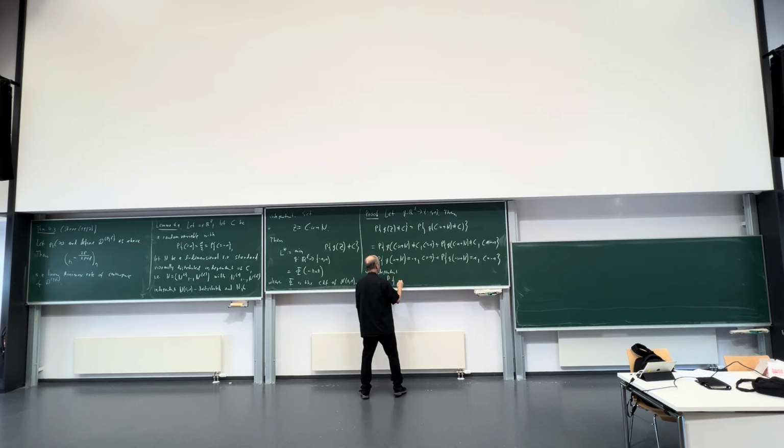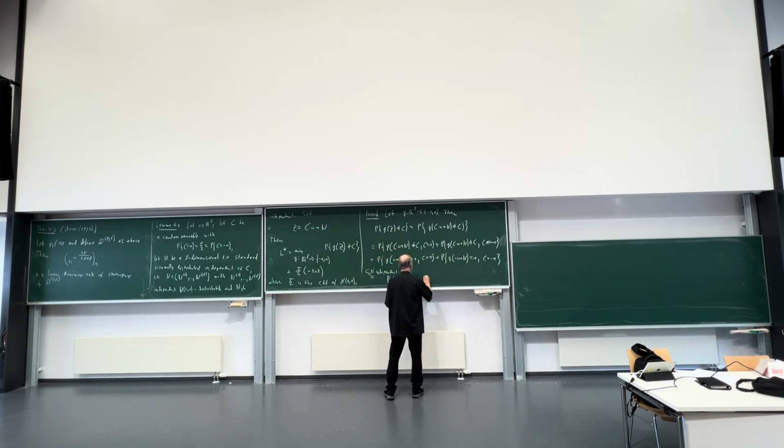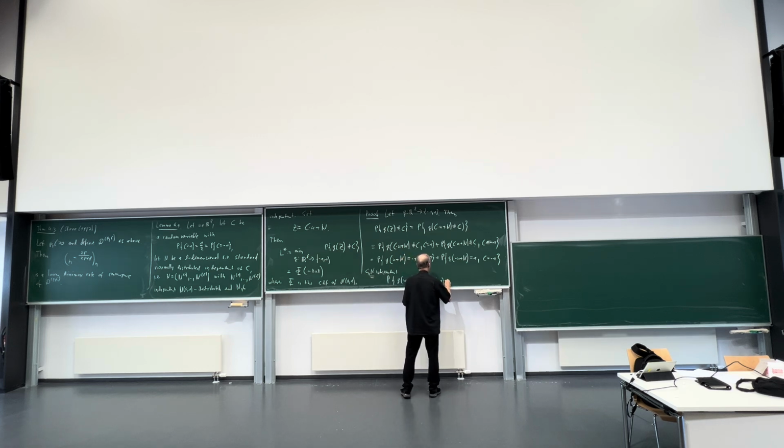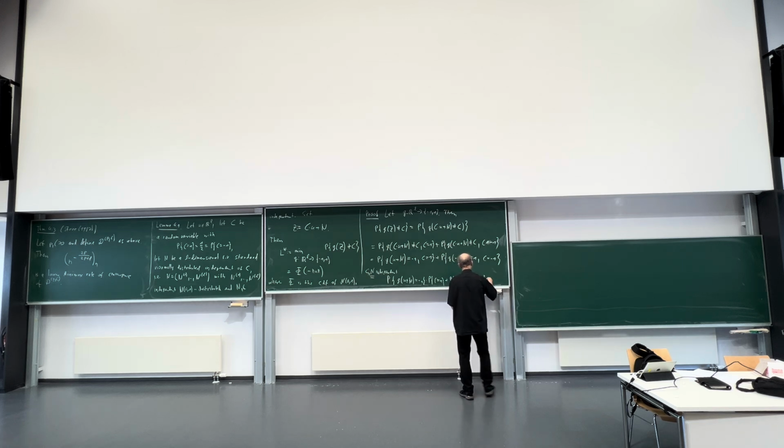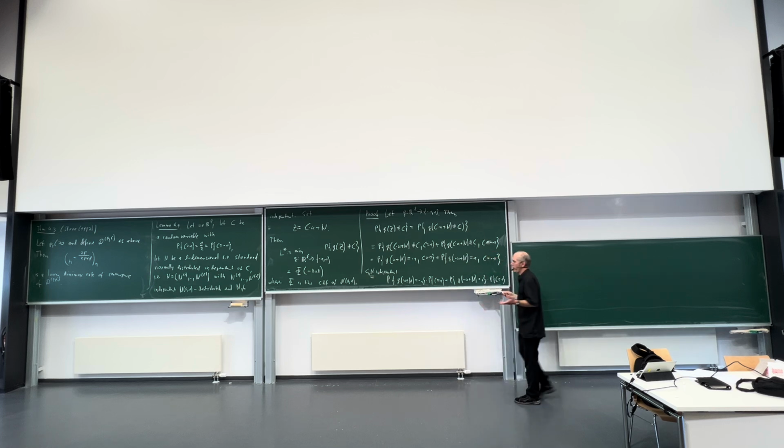So it's the probability that g of U plus N is equal to minus 1 times the probability that C equals 1, plus the probability that g of minus U plus N equals 1 times the probability that C equals minus 1.